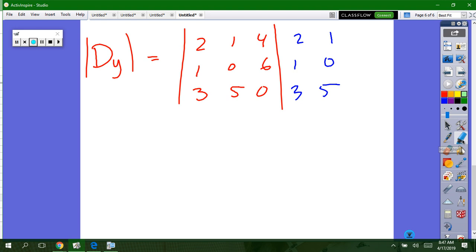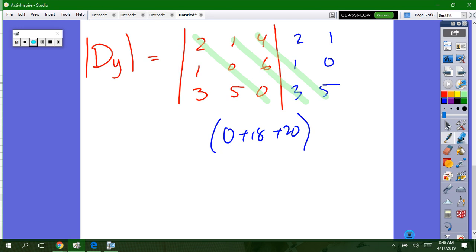I'm going to go ahead and do the forward slash, which I get 2 times 0 is 0. 1 times 6 is 6. 6 plus 3 is 18. 4 times 1 is 4. 4 times 5 is 20. So that's what we have on our forward slashes.